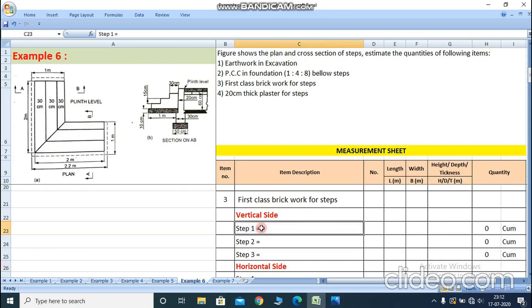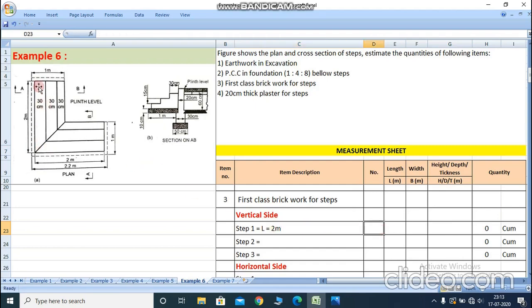Clear? Now we calculate step 1 length. So here step 1 length is already given in the plan. See this cursor point, from this corner point to another corner point, length is given, L is equal to 2 meter. Clear?